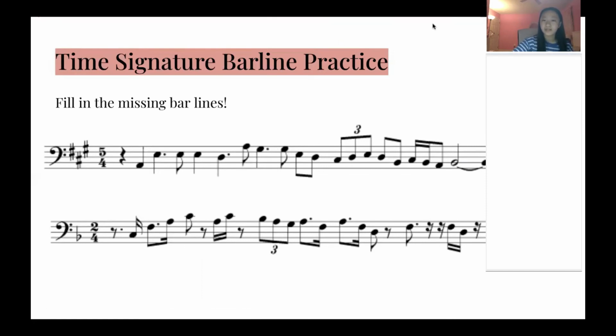So for this exercise, we're just going to write in the bar lines for each measure. This is a very common exercise on the theory test, and you're definitely going to have to know how to do it at some point. Okay, good, my thing works. So I'll call on one of you for each, and you can annotate if you want, or you can just tell me.